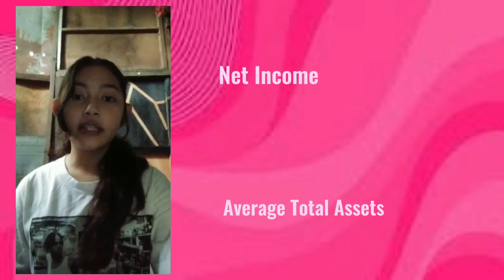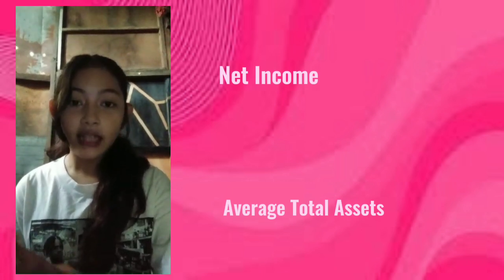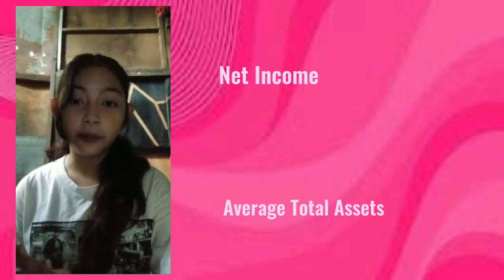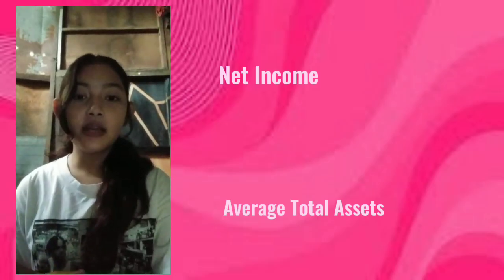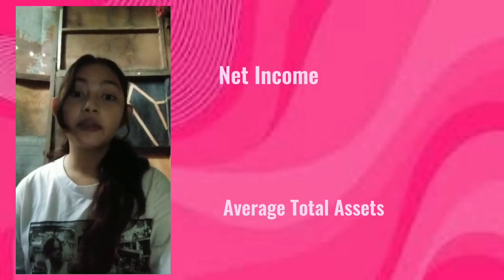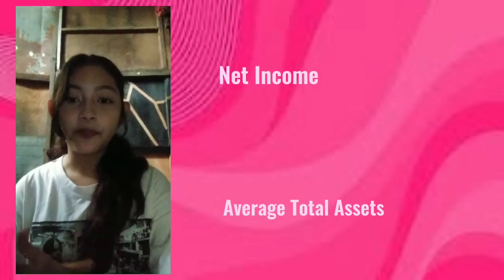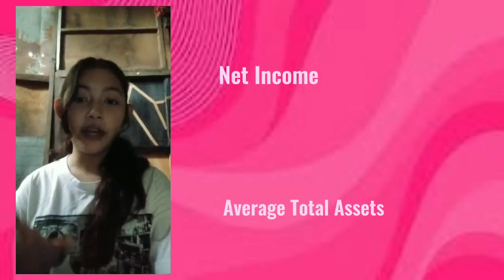Instead, we calculate the average by dividing the sum of the total assets at the beginning and the end of the period by 2. This provides a more stable and accurate representation of the capital the business was using to generate its income over that time.